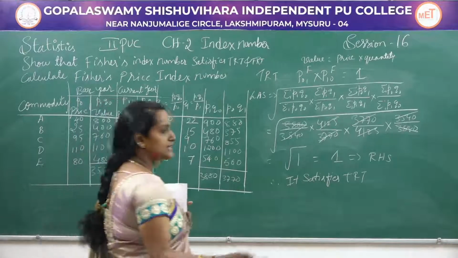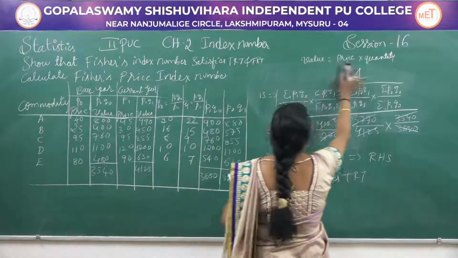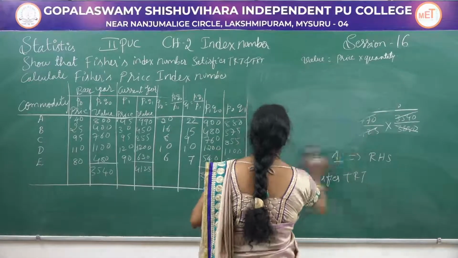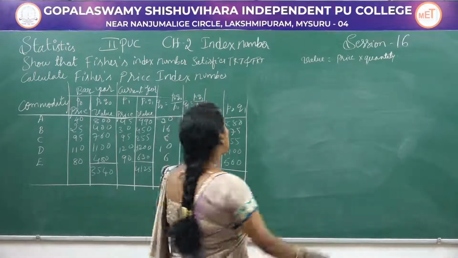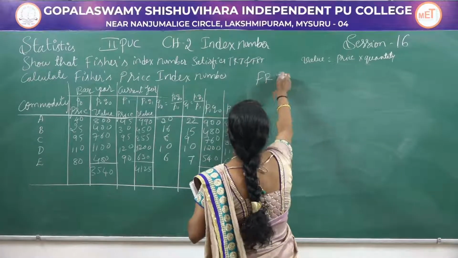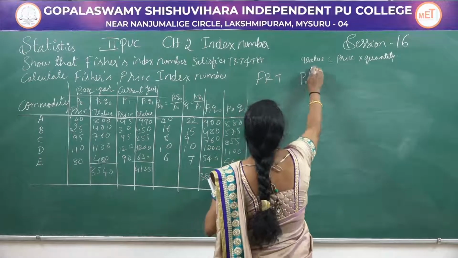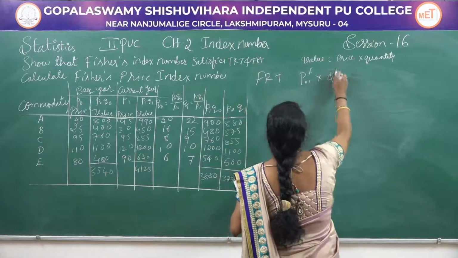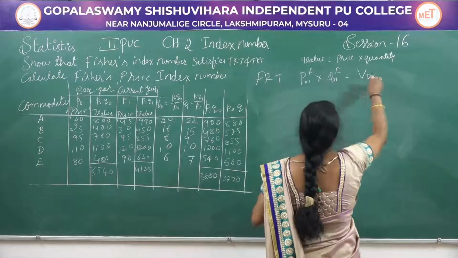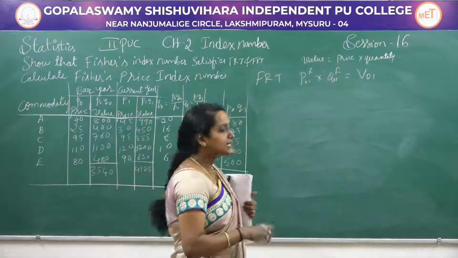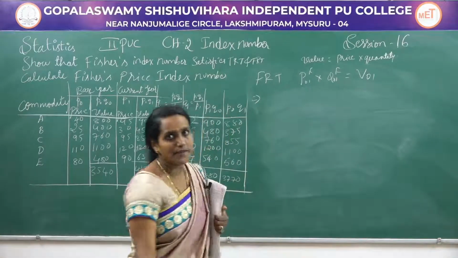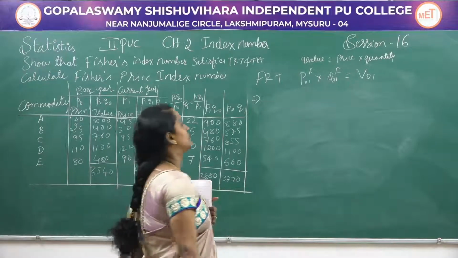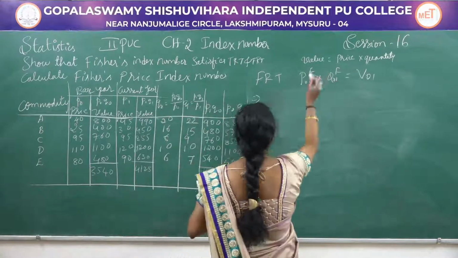Next, let's see the factor reversal test. So the condition for factor reversal test is P01 of Fisher's into Q01 of Fisher's is equal to V01, that is value index number. Q01 of Fisher's, we know the formula, that is Fisher's quantity index number, and this is Fisher's price index number.